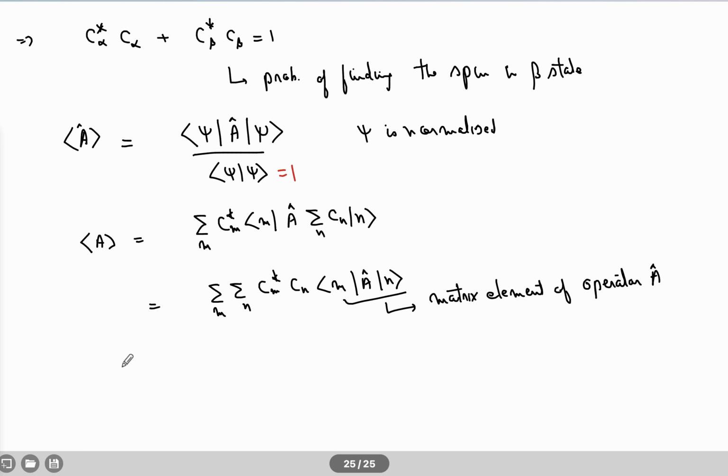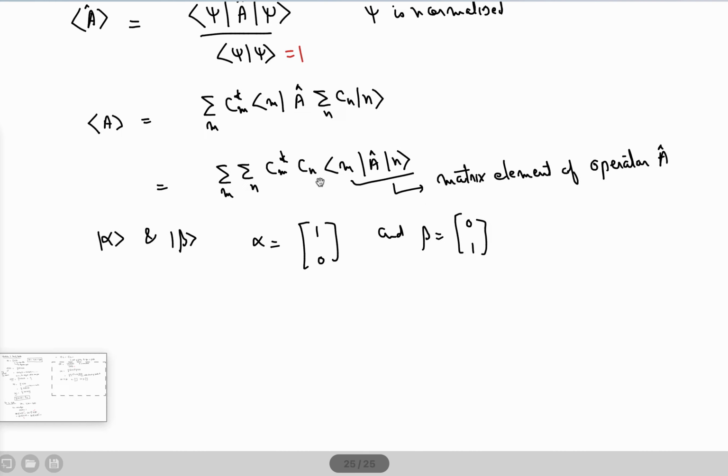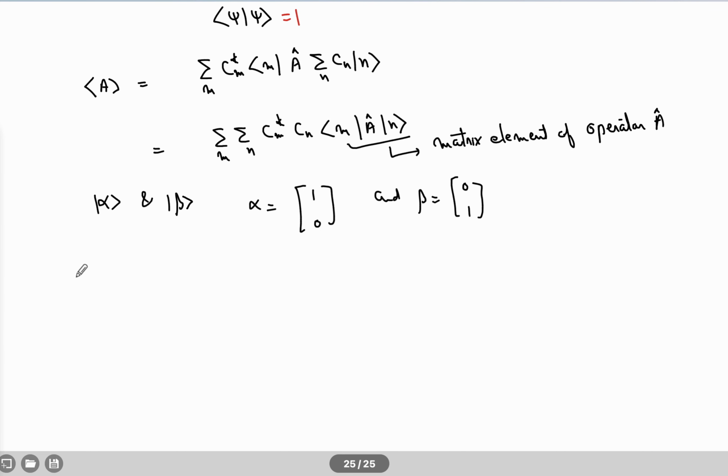So if you remember, for spin half system we have two states, alpha and beta, and in the alpha beta eigenstates, alpha can be written in matrix form as 1 0, and beta can be written as 0 1. These are the two column matrices, and we had also written, if you remember, the matrices for Iz operator, I plus step up operator, step down operator, and Ix, Iy, etc. Right?